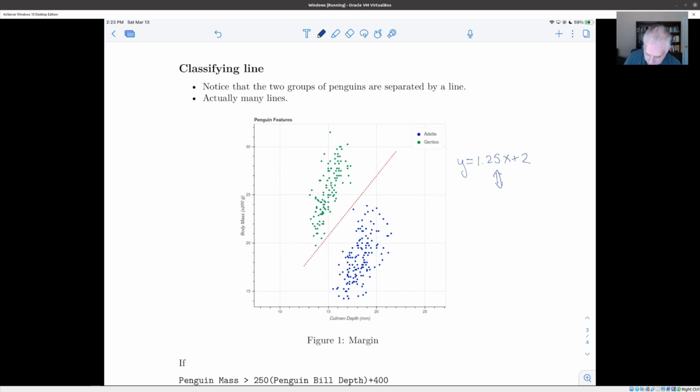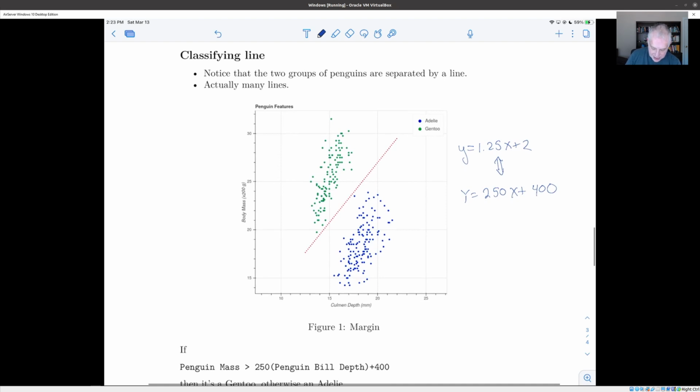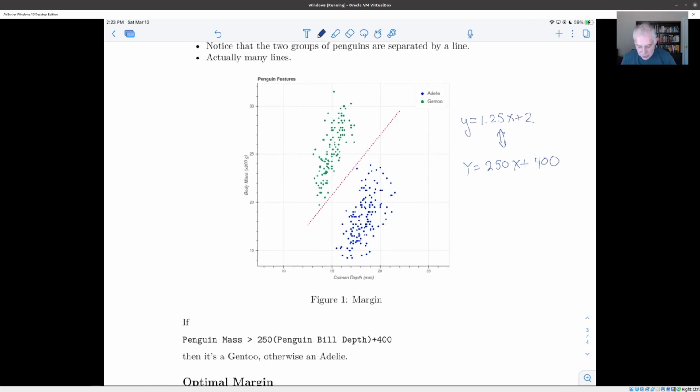In the original coordinates, this is y equals 250x plus 400. In other words, if you look at this picture and you're above the line, so if you're up here, you are a Gentoo penguin, and that means that your mass is bigger than 250 times your bill depth plus 400.